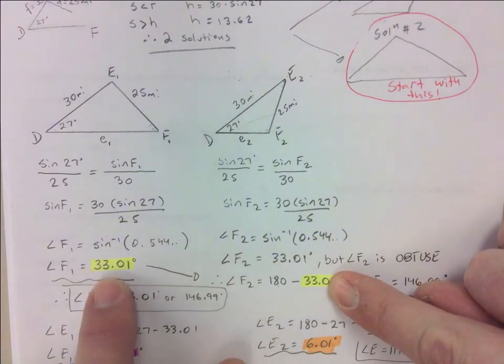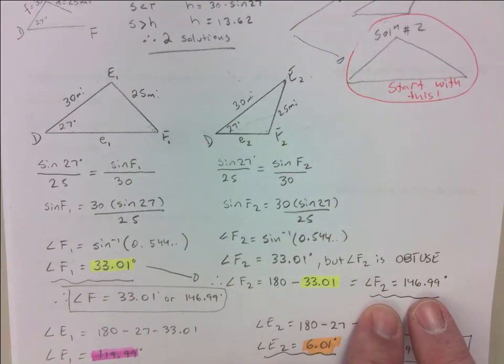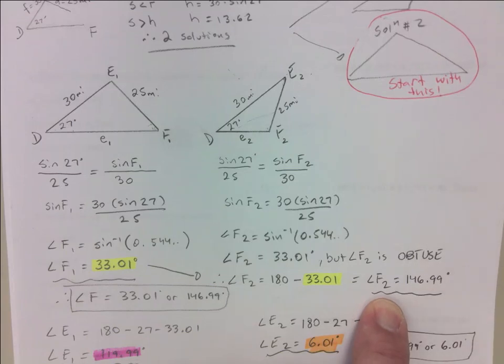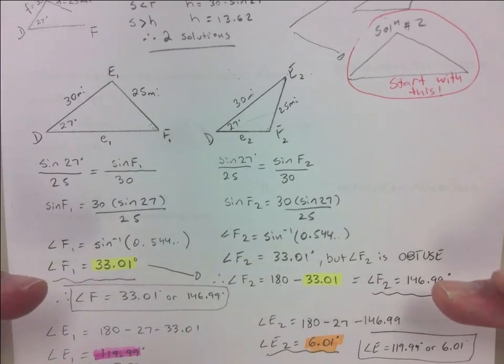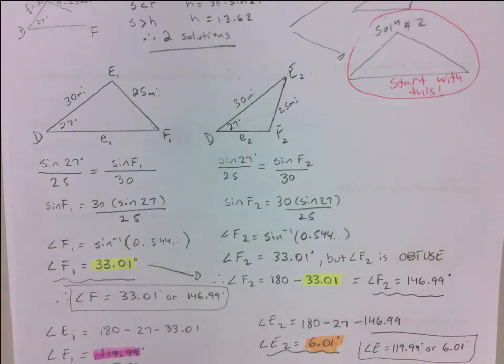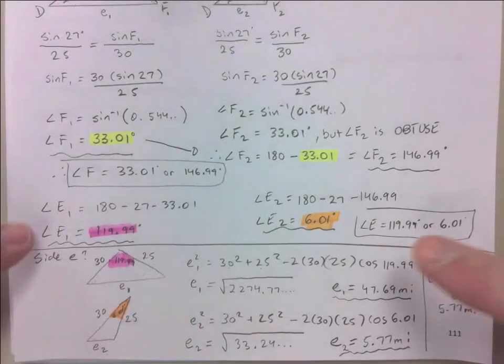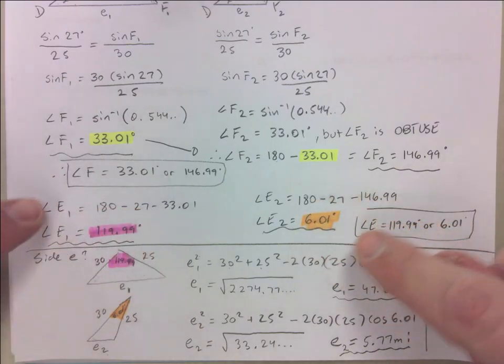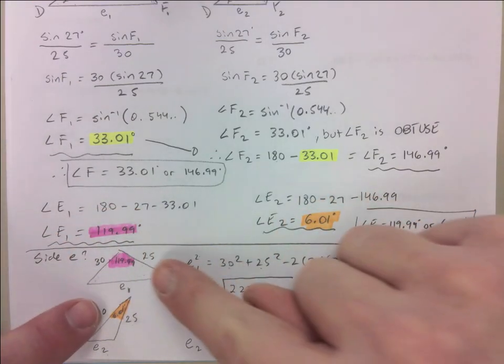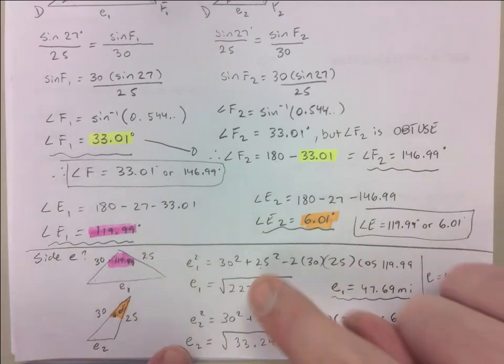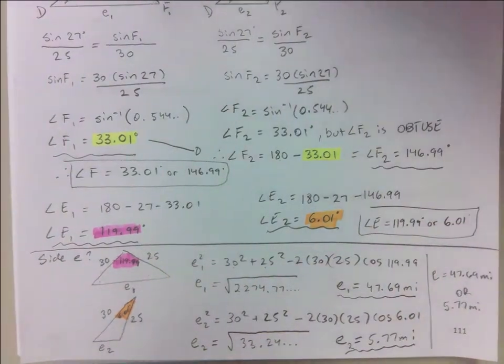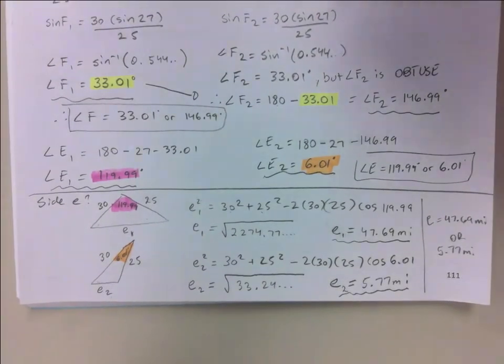All you have to do is subtract the one you found from 180 to get the 146, to get that other one. And from there on in, it's subtract from 180, you use sum of triangles, and then plug those in. Use cosine law to solve both of the missing sides. So this is your template. This is the template that I want you to use.